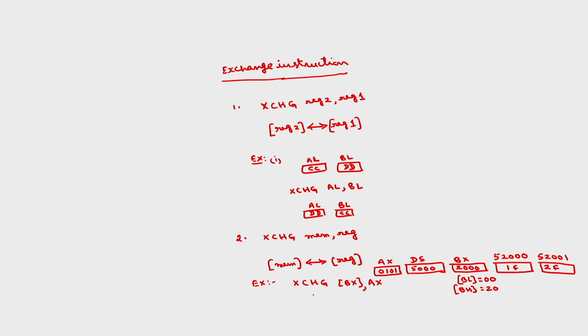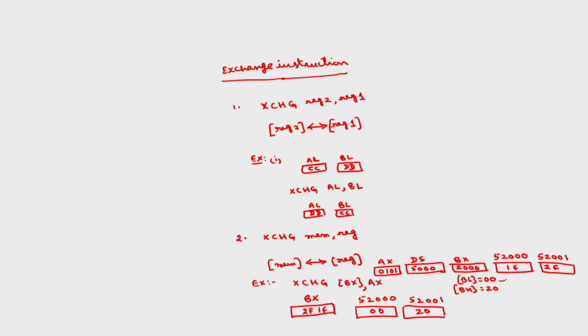After this, the contents of BX, which was 2000, become 2F1F, and the contents of 52000 become 00, and 52001 becomes 20.